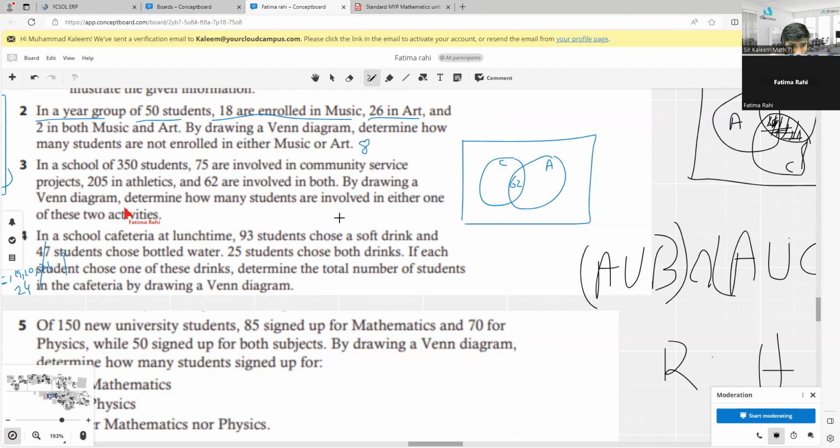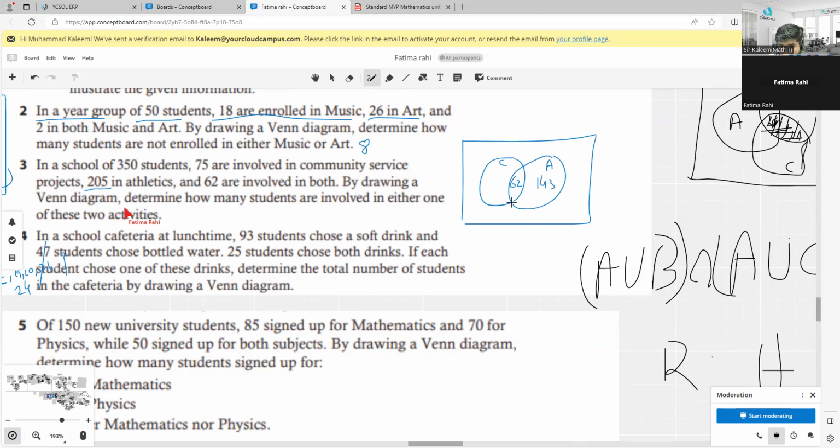So in athletics, how many total students? Total students 205. From 205, we already take 62. So how many more students perform only in athletics? That will be 143.